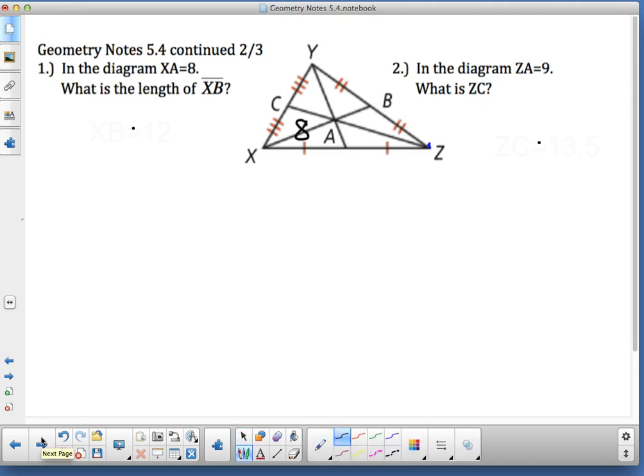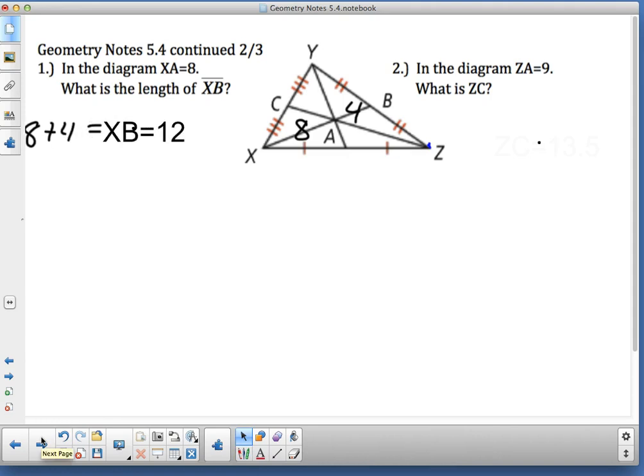XA is 8, 2 shares. What's half of 8? 4. That's 1 share. Are you okay with that? And now what's 8 plus 4? Are you okay with that being 12?